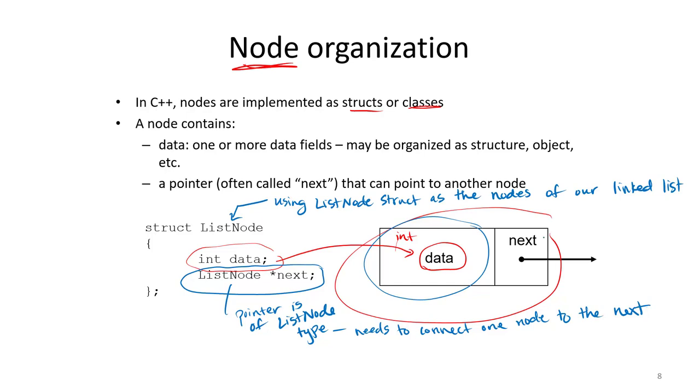And often we do name our pointer next. So that way it's very clear that our node contains some bit of data that we want to store, and then a pointer which will connect us to our next node.